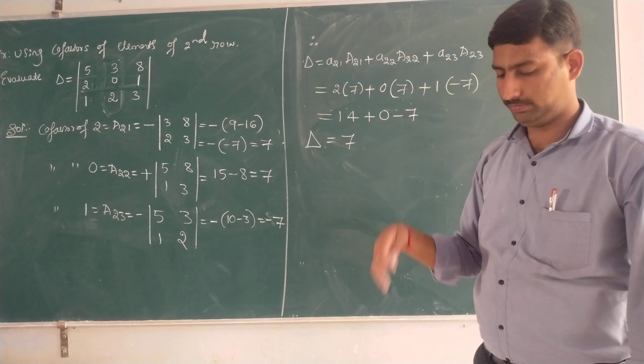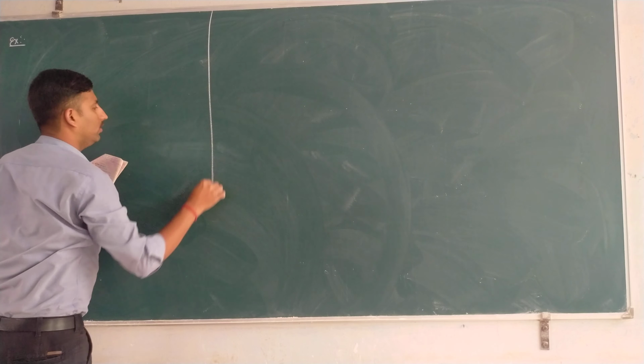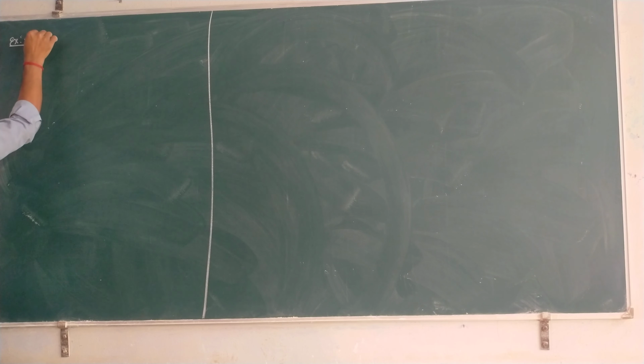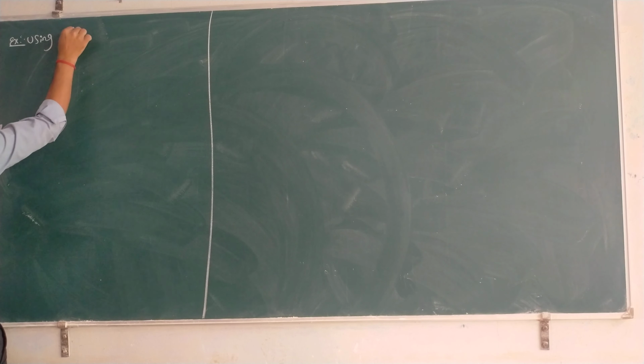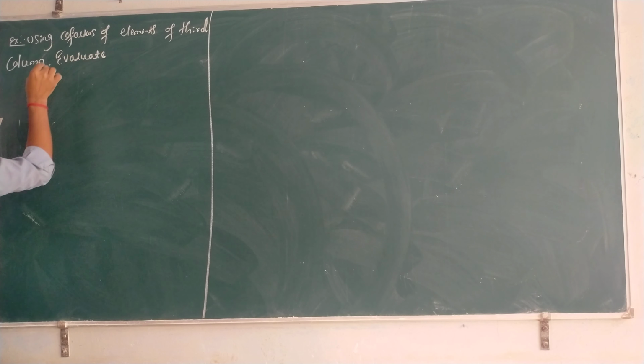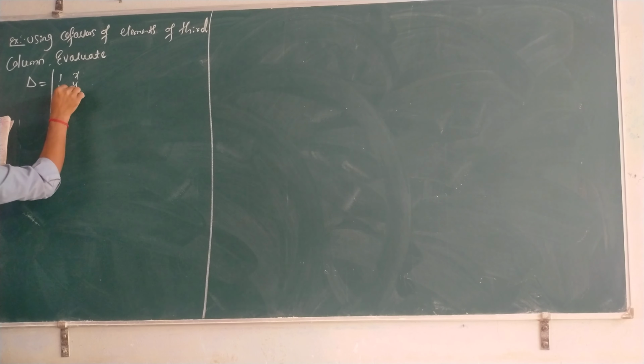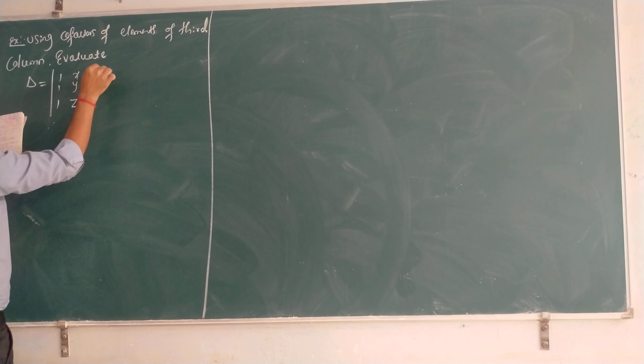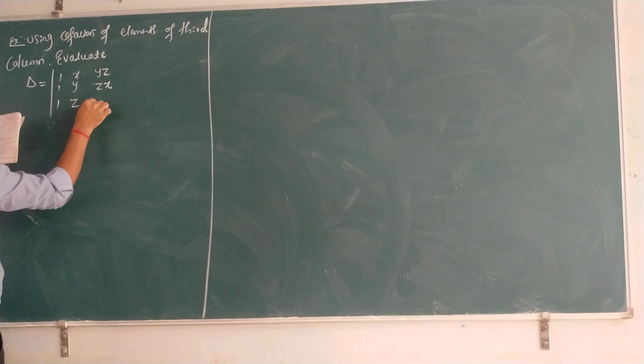Example: using cofactors of elements of the third column, evaluate delta is equal to the determinant 1 1 1, x y z, yz zx xy.